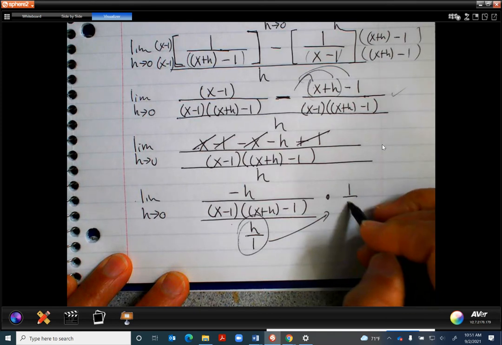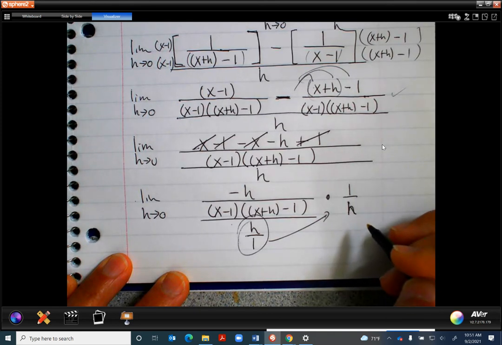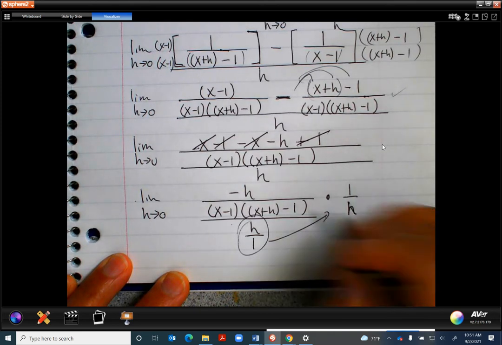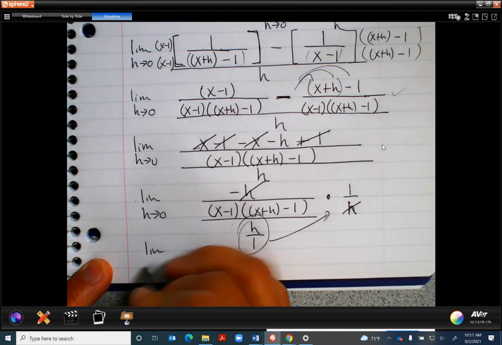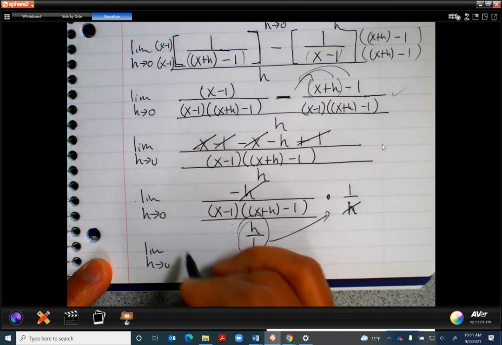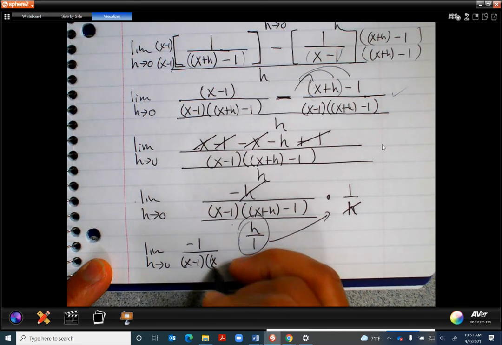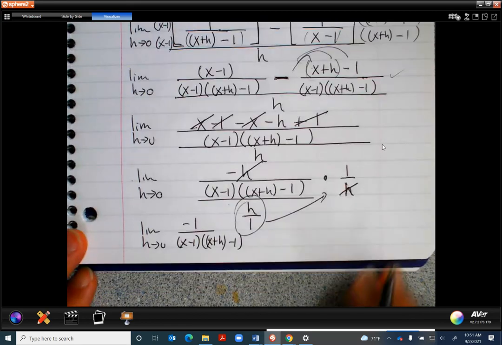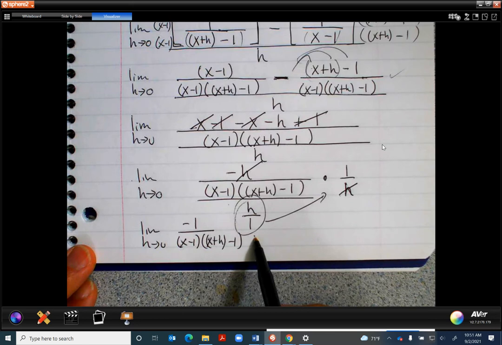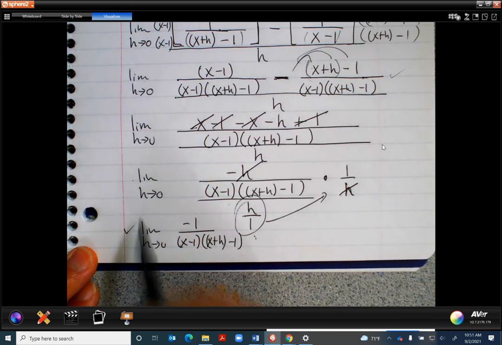Do you think we did it correctly? Yes. How do you know? Because the h's will cancel. What do you have left over then? Limit as h goes to 0 of negative 1 over x minus 1, x plus h minus 1. This is what we have left over. All right, so go ahead and copy up to there.